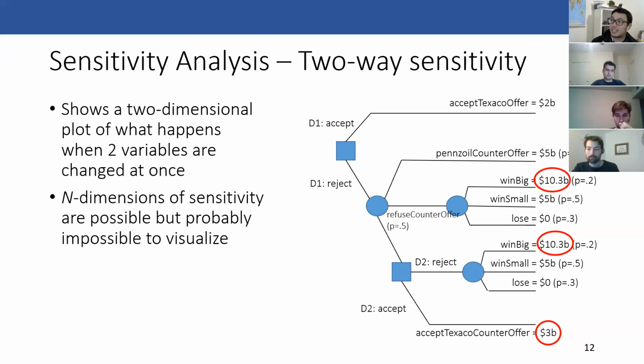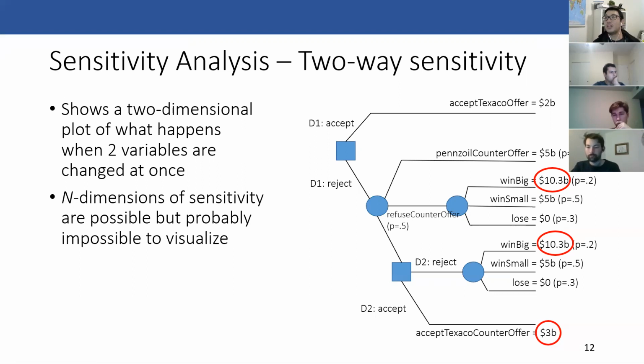So the logical extension of this is the ability to do this for as many variables as you want. There is actually a technique that we're going to talk about in just a bit that will let you do that. But in this context, there's a particular difficulty with going from a two-way sensitivity to a three-way or a four-way sensitivity, in that you're basically adding these dimensions, but it becomes really difficult to properly visualize what that outcome looks like.